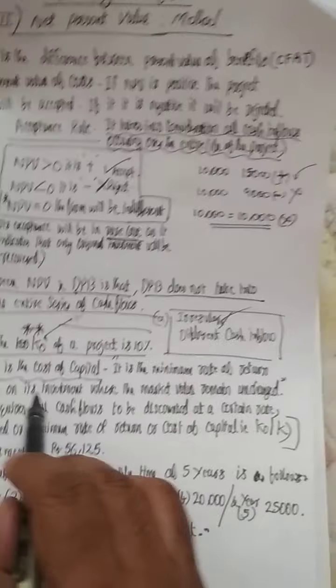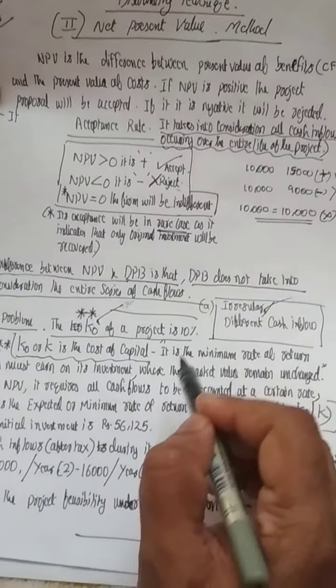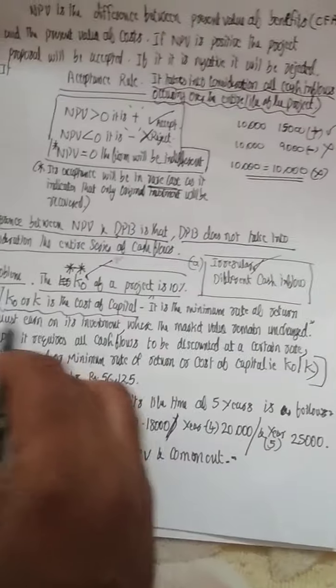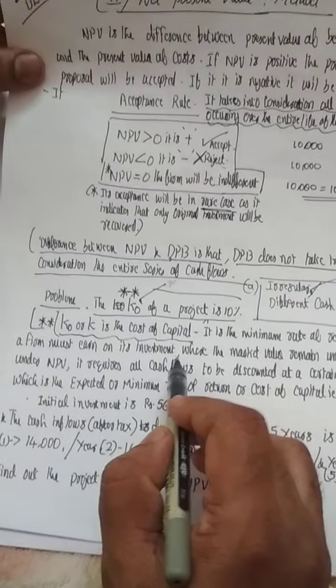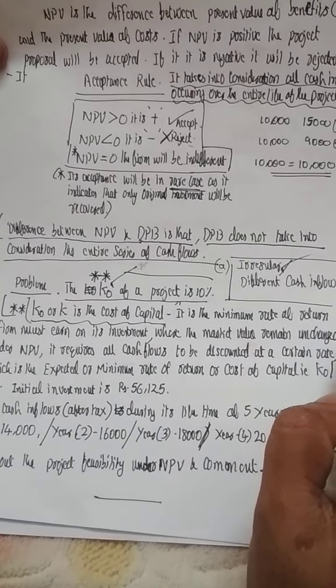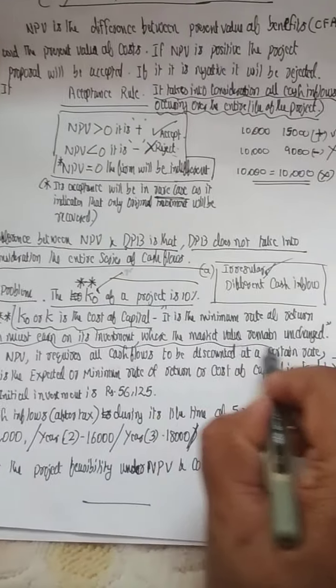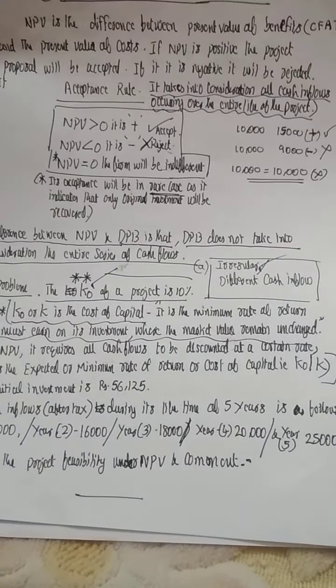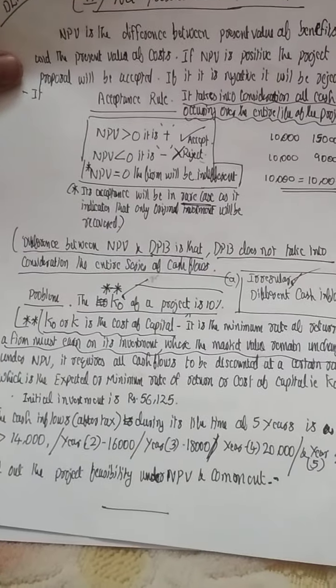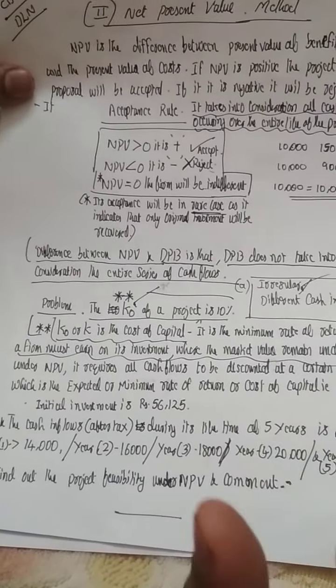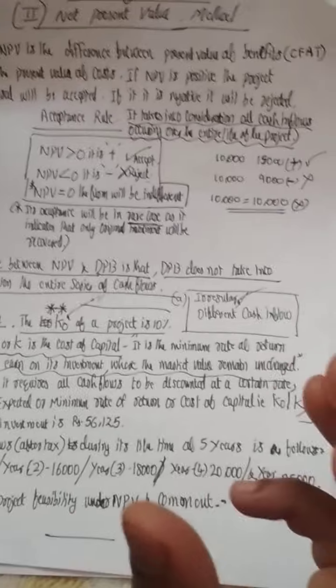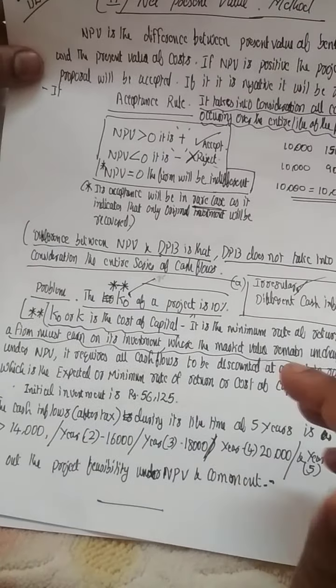What is cost of capital? It's the minimum rate of return a firm must earn on its investment, where the market value remains unchanged. You don't need to deal with this technical jargon now, because there is already a chapter, cost of capital, which comes in the third module. Now you just understand that it is the rate of return the company has to get from its investment.